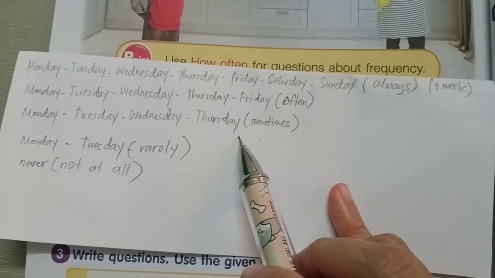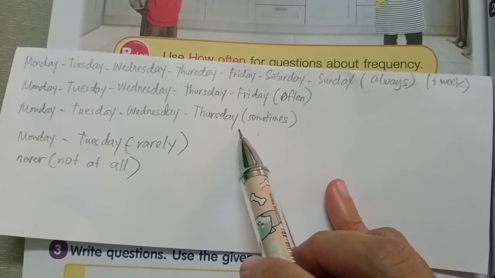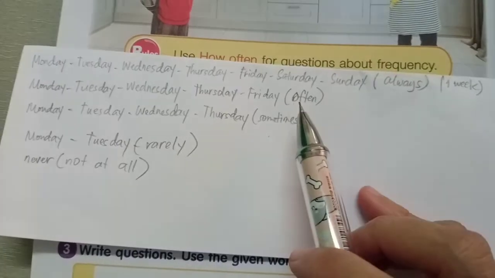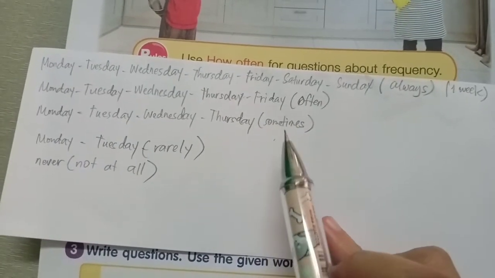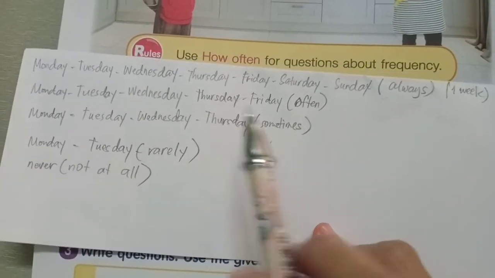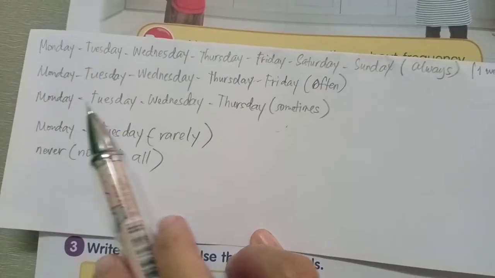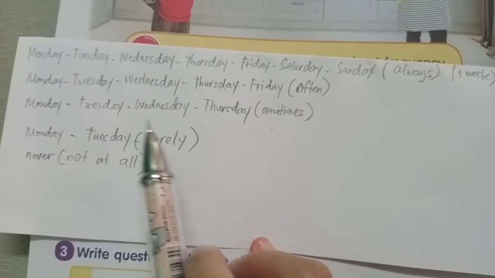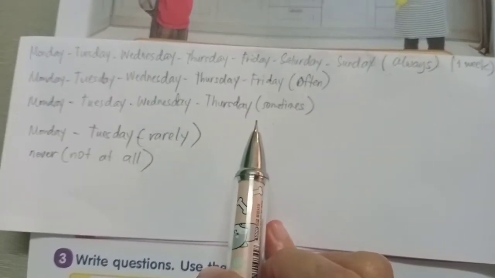So not really every day. You have Saturday and Sunday off. So that's when you're going to say often. Only Monday to Friday. And then if you say sometimes, for example, you have Monday, Tuesday, Wednesday, or Monday, Tuesday, Wednesday, Thursday. Then you can use the word sometimes.